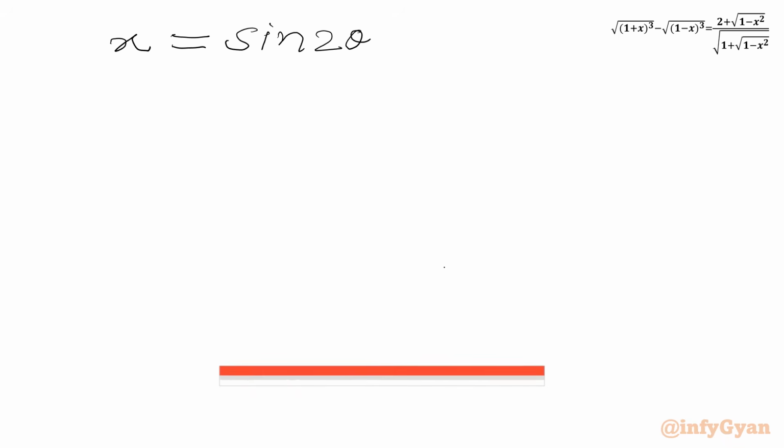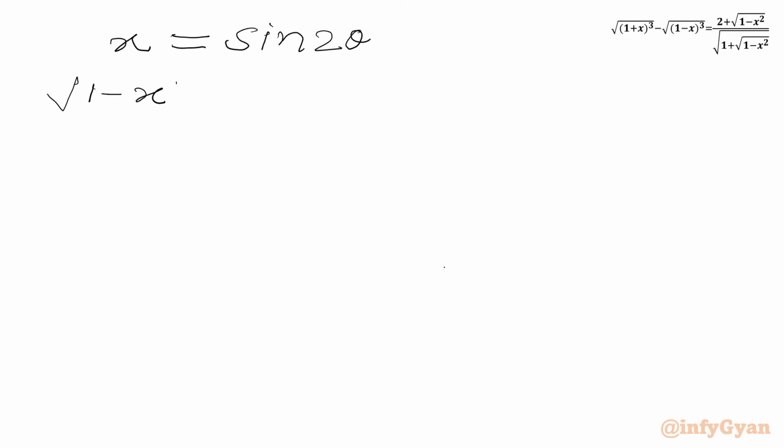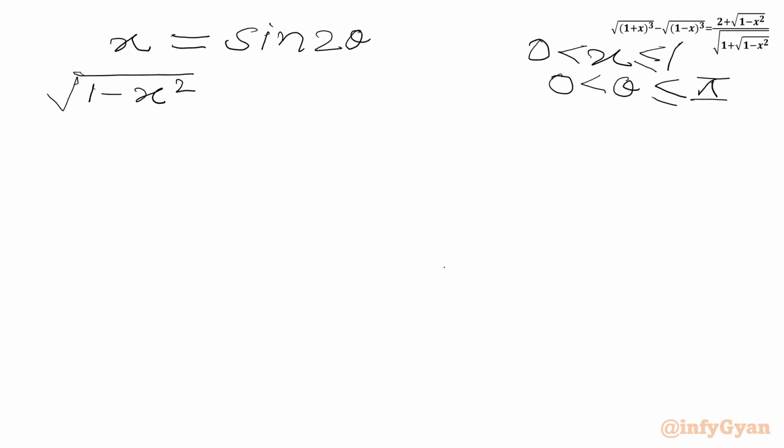I will use the method of substitution and let us assume x equal to sine 2 theta. I will calculate square root of 1 minus x square first as per our substitution. If x is in the interval 0 to 1, then theta must be in the interval 0 to pi over 4 as per substitution.